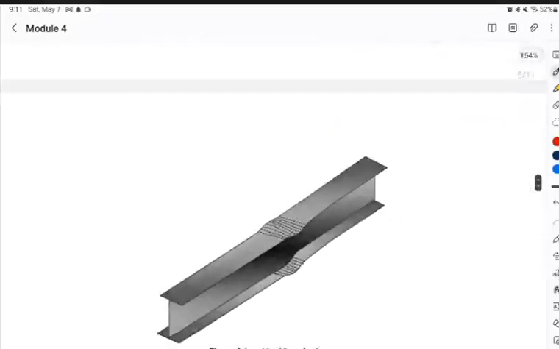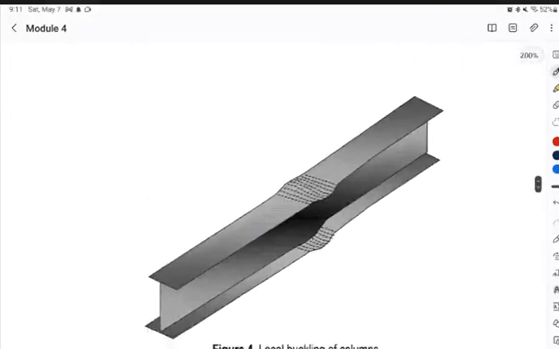Kung makikita nyo, yung flange, part ng ating member. This is a column, ha. Pinahiga lang siya. Part of it ay nag-fail na. Without even reaching, class, yung buckling na magbe-bend yung whole member.